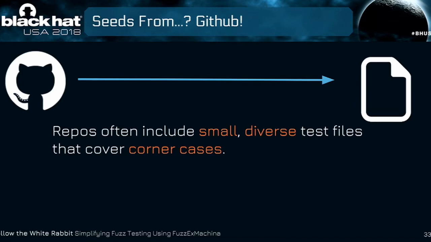And we did this because often developers include small test files in their repositories. So say you want to develop a JPEG parser, then you would include a JPEG file in your GitHub repository to do better unit tests. And this leads to the result that often in GitHub repositories, there are small sample files which cover a lot of corner cases, which is great for our fuzzing purpose.